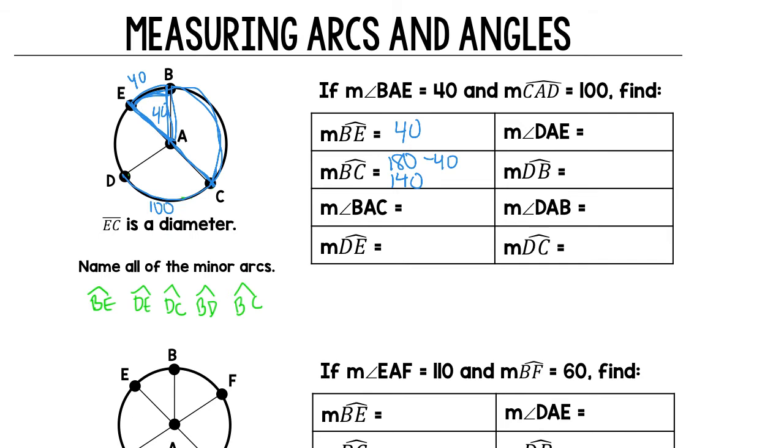Now we want the measure of angle BAC. So if this arc is 140, that angle is also 140.